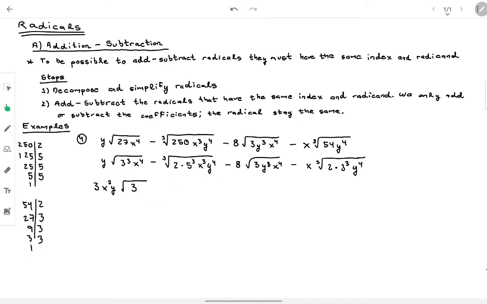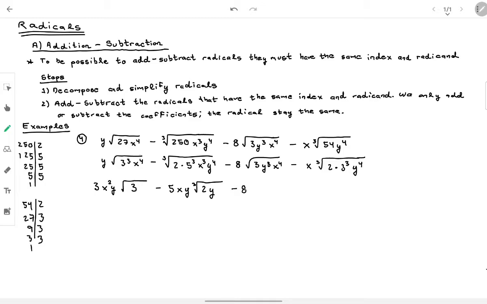What happens in the other one? In the other one, we can take out a 5, we can take out an x, we can take out a y. In the inside part of the cubic root, still a 2 and a y. What happens in the third one?